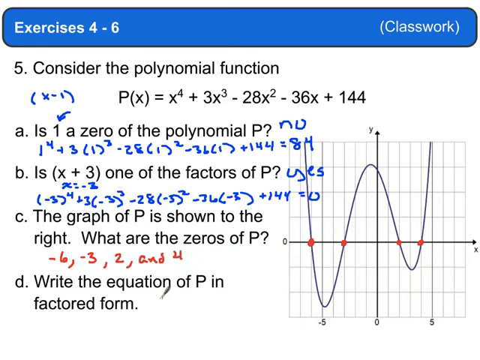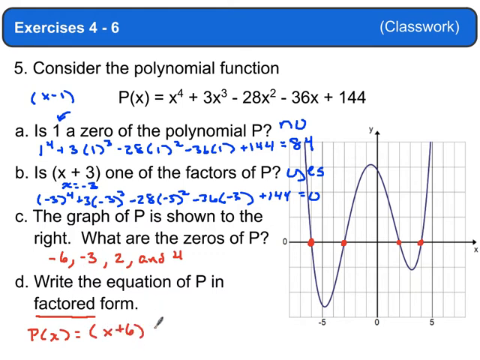So they say write an equation in factored form, right? So if these are my zeros, I can rewrite this as factors. So I could say P of x, because they said the equation of P. We're going to change this -6 to a factor by writing x plus 6.